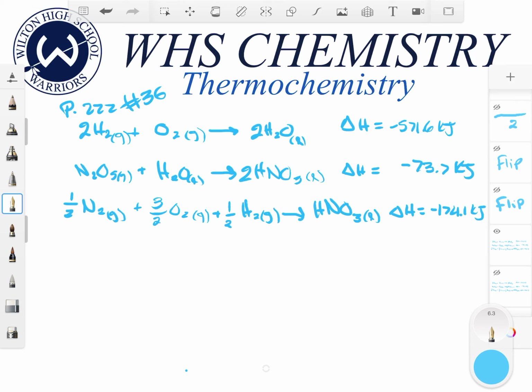You can call it a flip, is what I call it. You can either flip the equation or you can multiply through by a coefficient. And something I generally do, I always see if I can flip any equation first. I always try and flip an equation before I try and multiply or divide it by a coefficient. And then once I flip everything I think I need to, I'll then go through and multiply by coefficients if needed. So here I'll illustrate what I'm talking about.